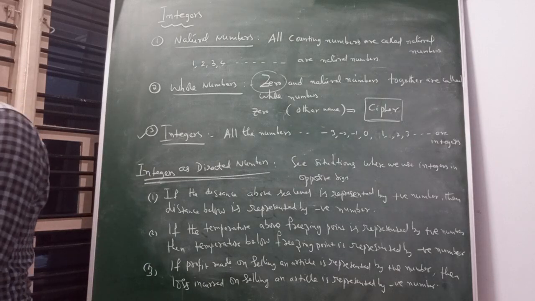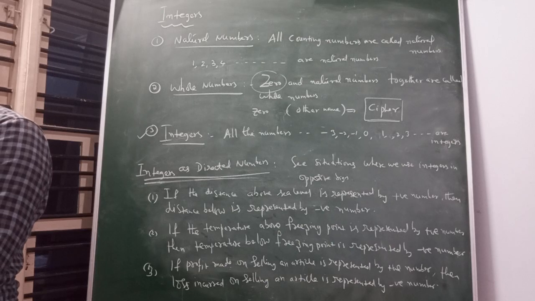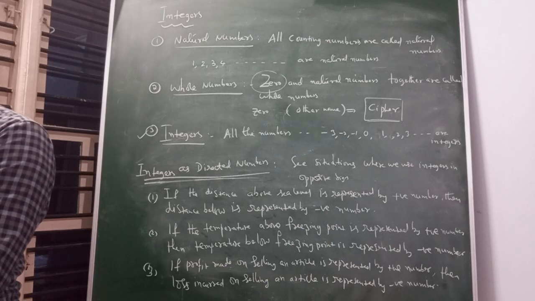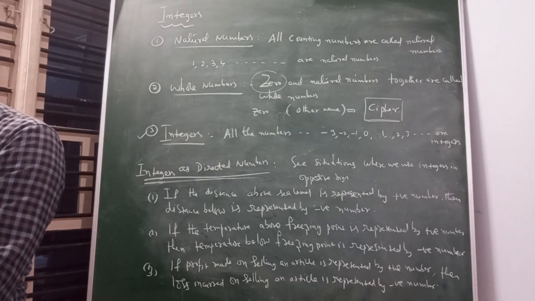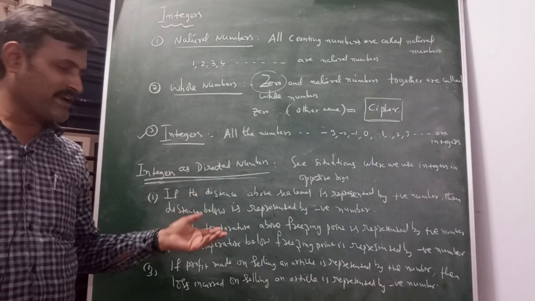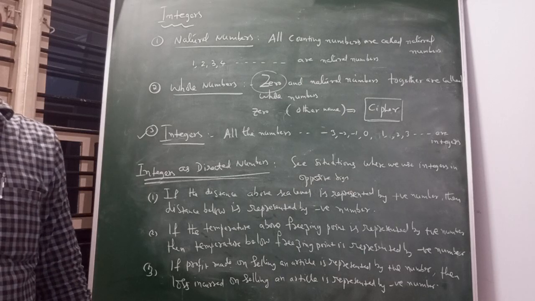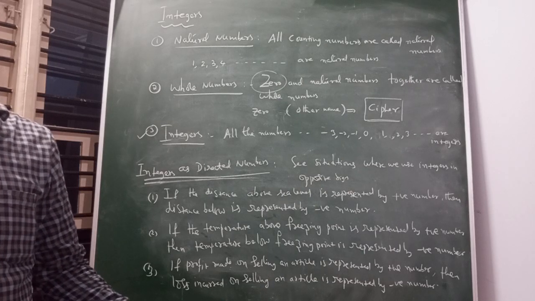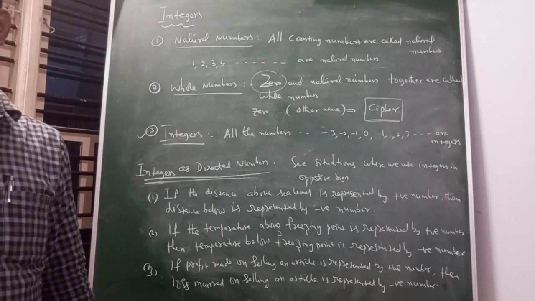For that also I will give you one simple example. If the freezing point is 13 degrees Celsius and the temperature is 15 degrees Celsius below the freezing point, the temperature is minus 15 degrees Celsius. So the meaning of this freezing point concept is that in science we use a positive number for temperature above the freezing point and a negative integer for temperature below the freezing point.